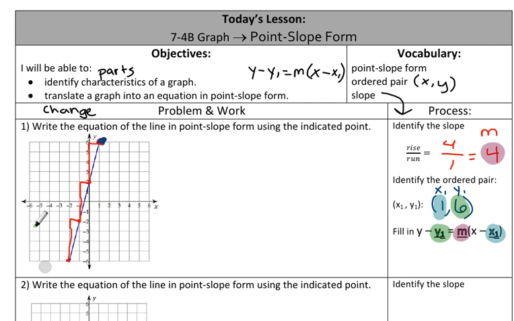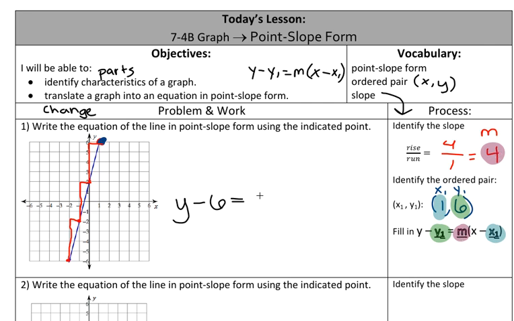Okay, our form always starts off with y. Now this minus or plus depends on our number. Our y1 is 6. We want to think what's the opposite of 6. Opposite of 6 is minus 6. So we're always thinking opposites. It's kind of goofy. Equals m. M is our slope.